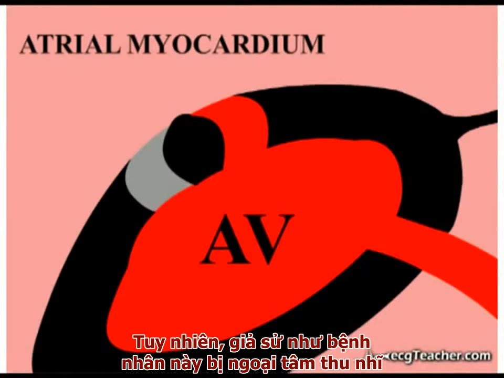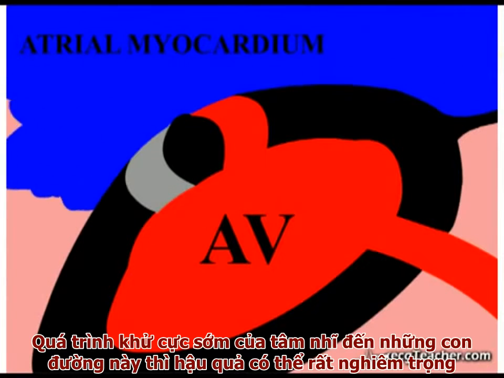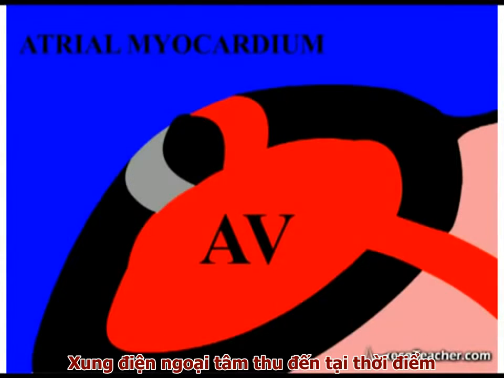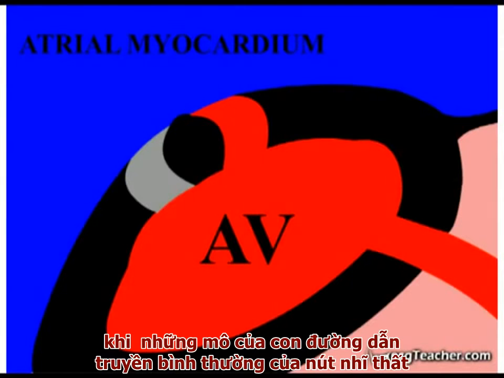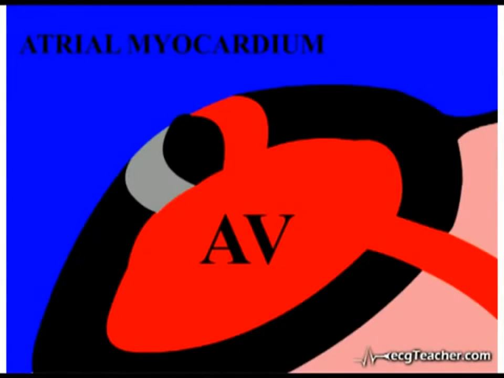However, if the individual experiences a premature atrial ectopic and atrial depolarization reaches the tracts at this point, the effect can be dramatic. The ectopic discharge has arrived at a time when the normal conducting tissue of the node is in a state refractory to the transmission of current.